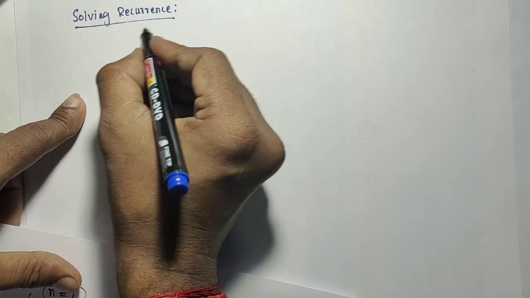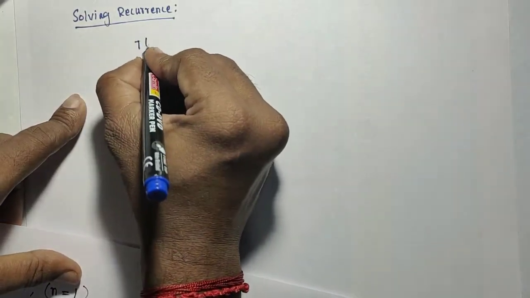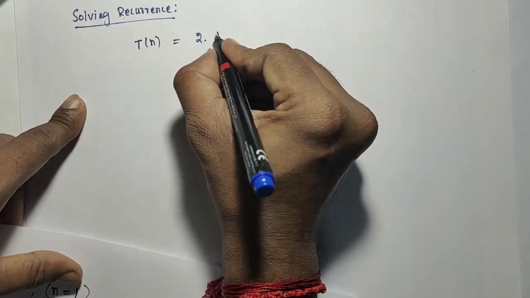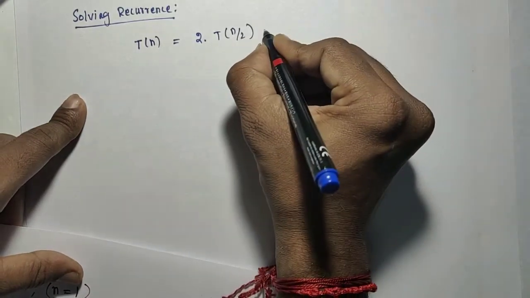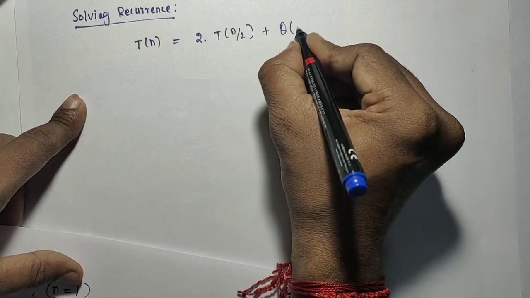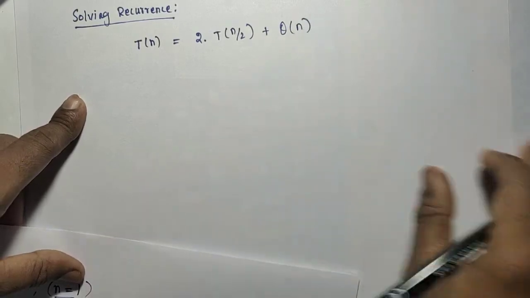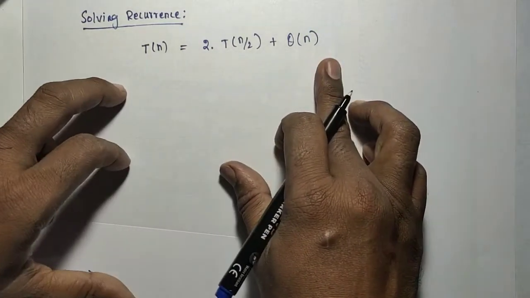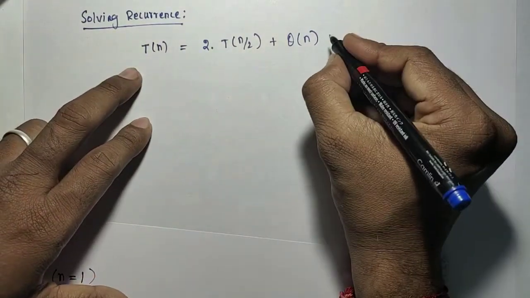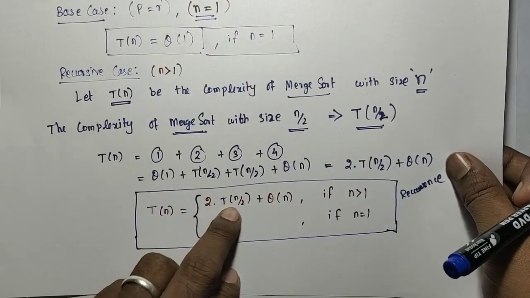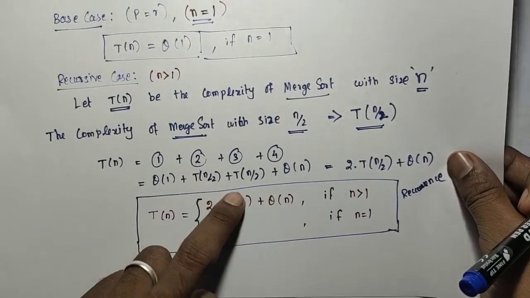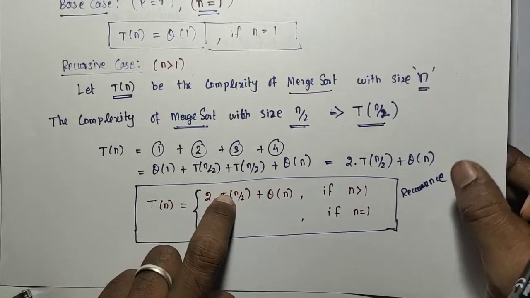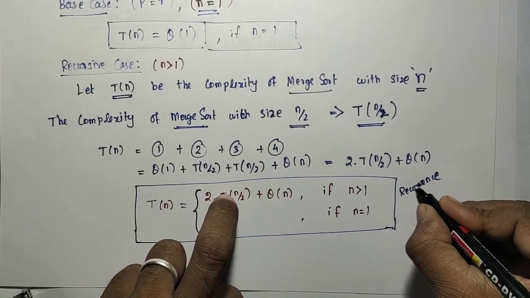For solving this recurrence, we will write T of N equal to 2 into T of N by 2 plus theta of N, if N is greater than 1. For that only we need to find, because this is the one having the unknown complexity. For N equal to 1, we know the complexity. Only when it has the unknown complexity is it called a recurrence.